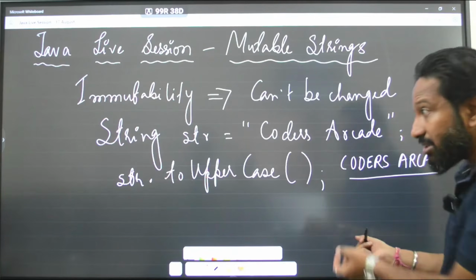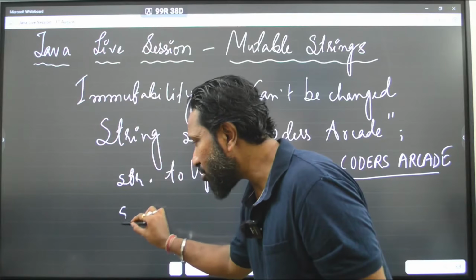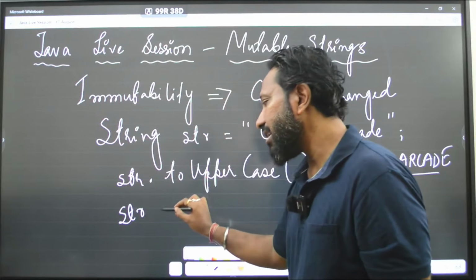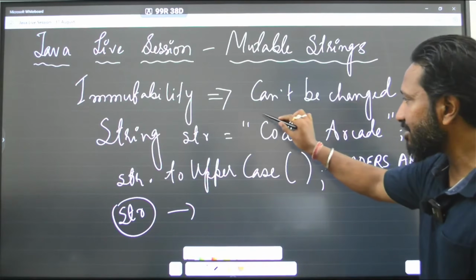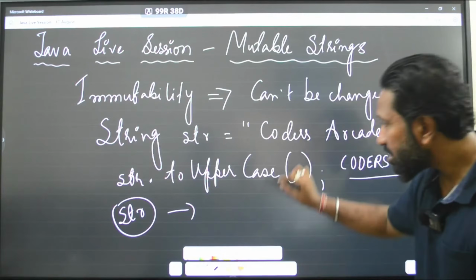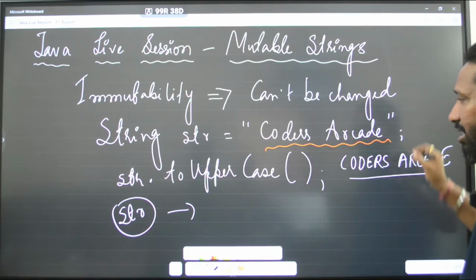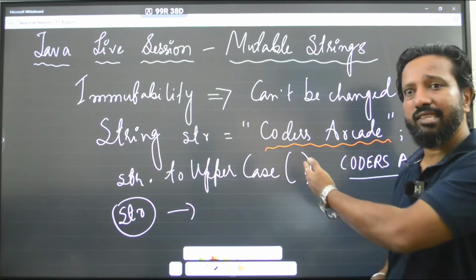But the problem is, it does not really modify the original string. If we print the original string str, it will be the same string that we have here, Coders Arcade, in sentence case.